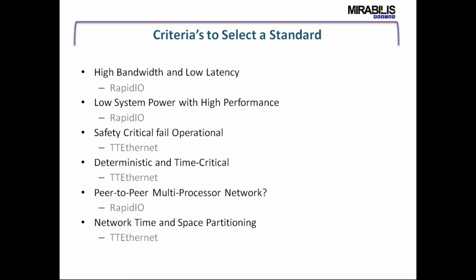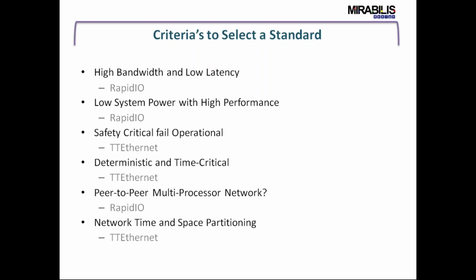And these are the kind of items that we could capture by looking at the specifications of these technologies. And in most of the cases, the scenario may be quite different. You may have safety critical fail operational requirements, along with a peer-to-peer multi-processor network.